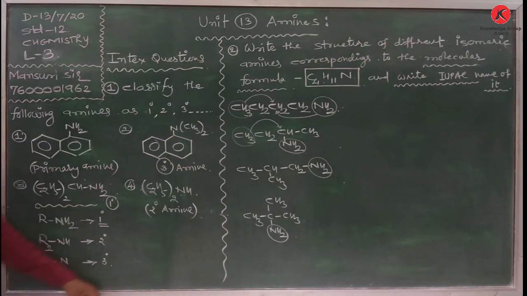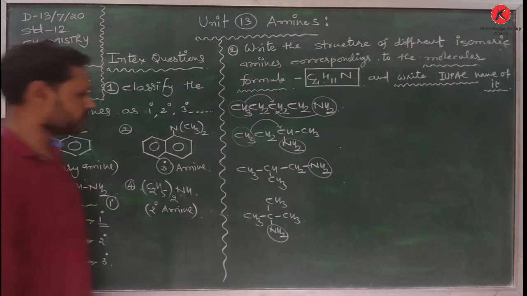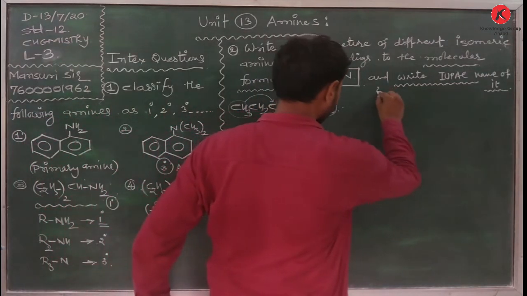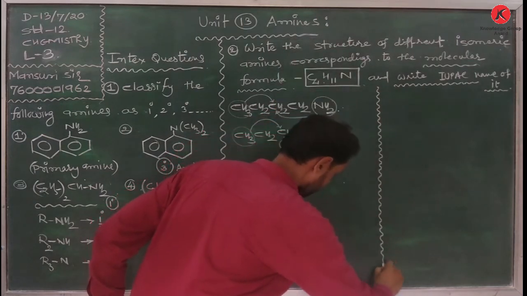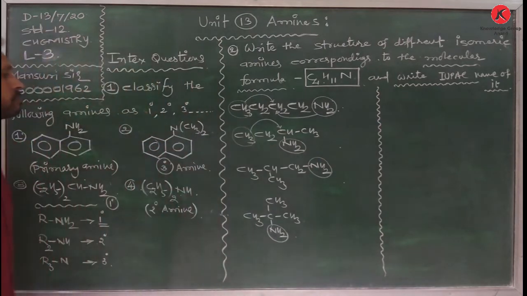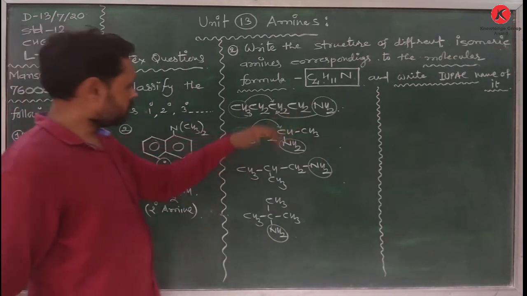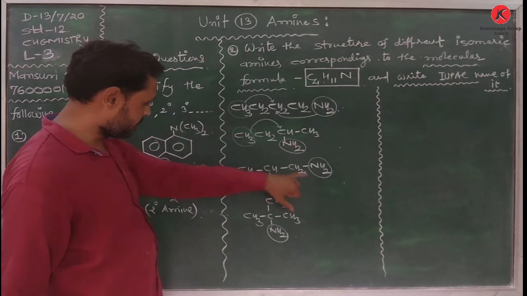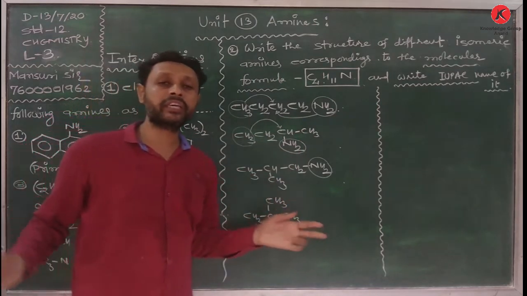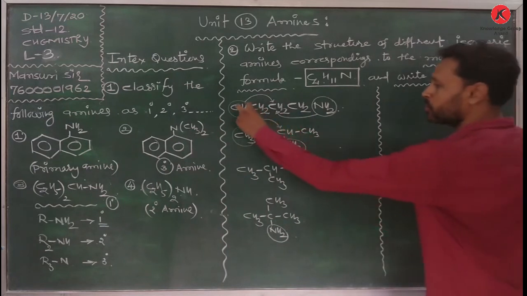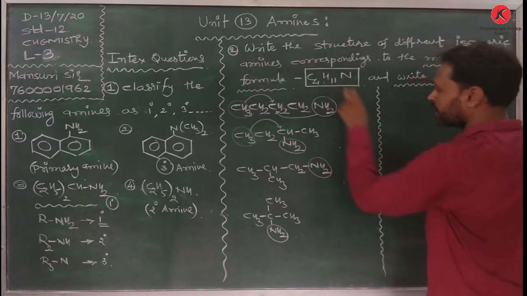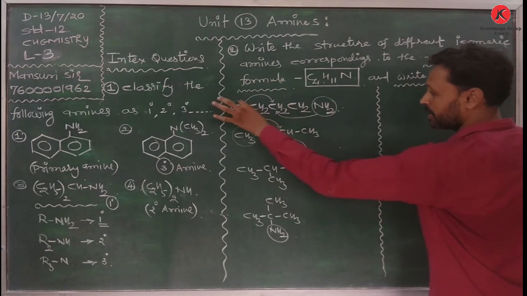Right? Okay. Now, thereafter, the structure will be changed. Here, primary amine, primary. Now we are making secondary amines. For making a secondary amine, we have to move this methyl toward the nitrogen.